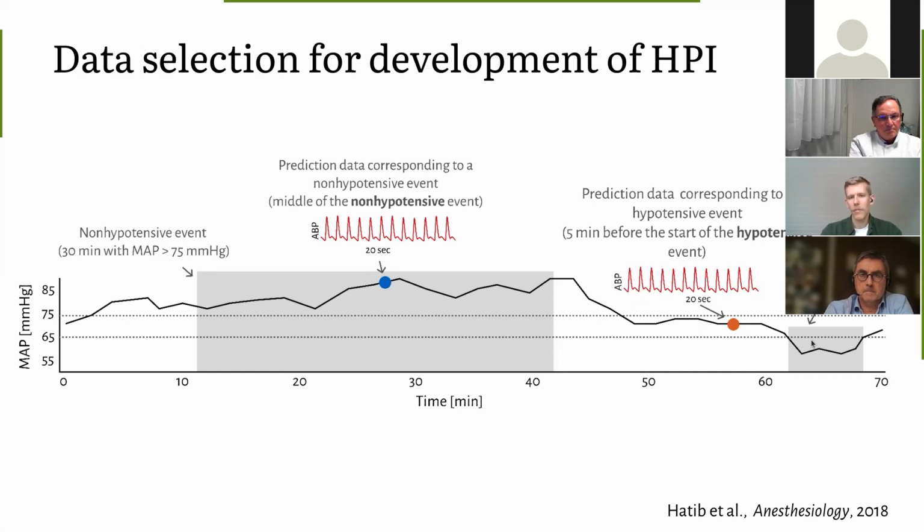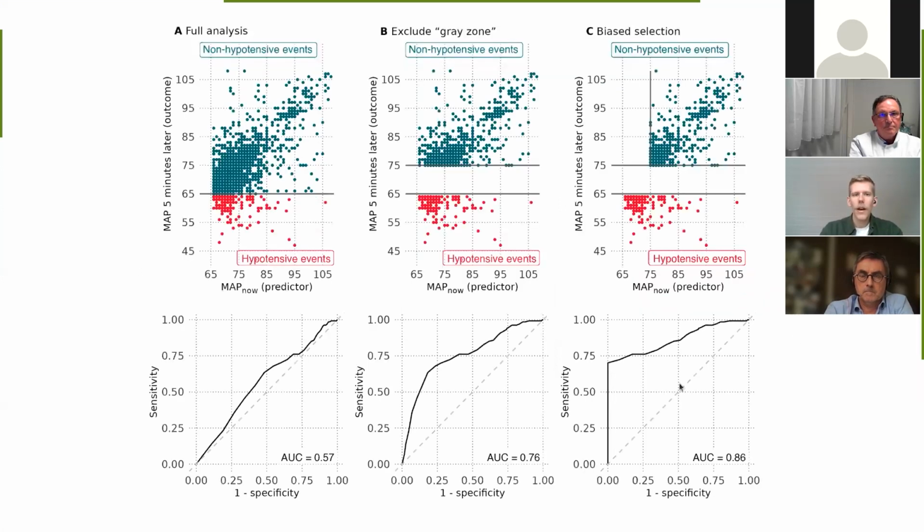And this design was used in both training and validation of HPI. And here is an illustration of what this selection does to a ROC analysis. On the y-axis here, we have the outcome that we want to predict, a value that is dichotomized into hypotension or non-hypotension around a threshold of 65. And on the x-axis, we have the MAP 5 minutes earlier.